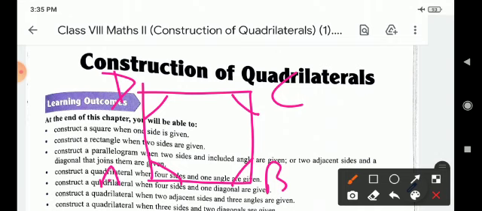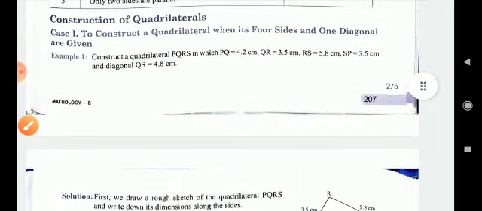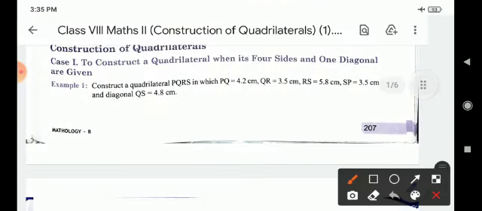Children, now I will discuss the construction of quadrilaterals. To construct a quadrilateral when its four sides and one diagonal are given.